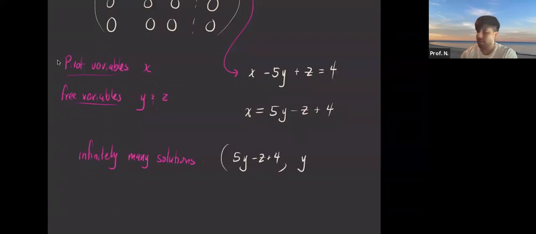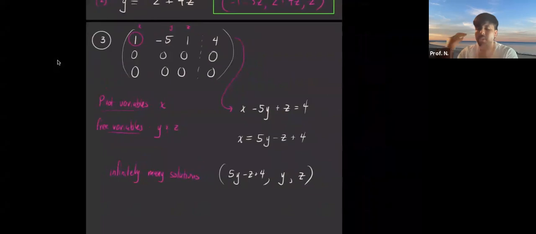Y. What's z going to be? It's just z. Do you see that? Y could be anything. Z could be anything. But the moment you specify what y and z are, x is determined. Hence why it's called the pivot variable, and hence why y and z are free variables. And how are we able to notice that? We're only able to notice that because it's in row reduced echelon form.